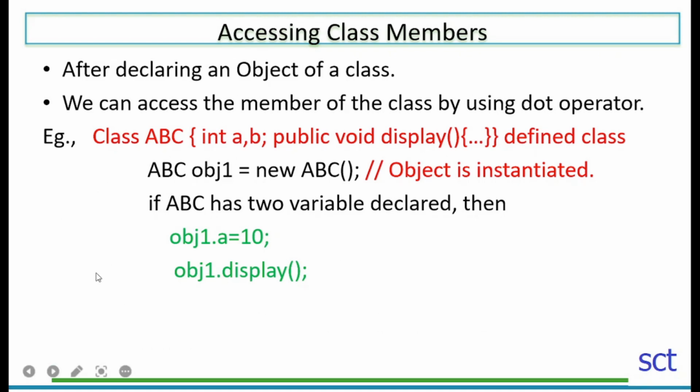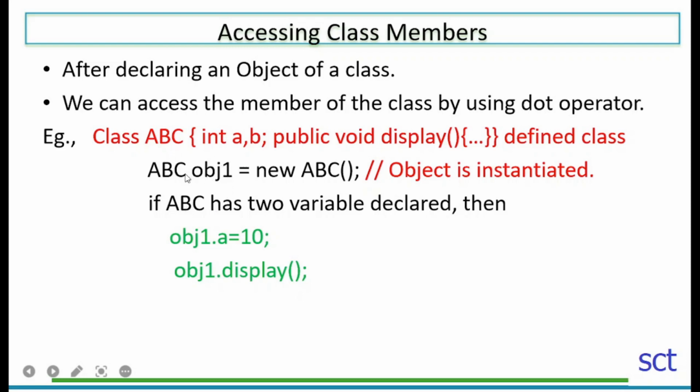Next, after declaring the object of the class, we can access the members of the class by using the dot operator. For example, class ABC, you have integers a, b, and in the display function, you have the function here. This is the definition of the class, and you can declare the object and create an instance of this ABC class and store the address of that particular instance in obj1.